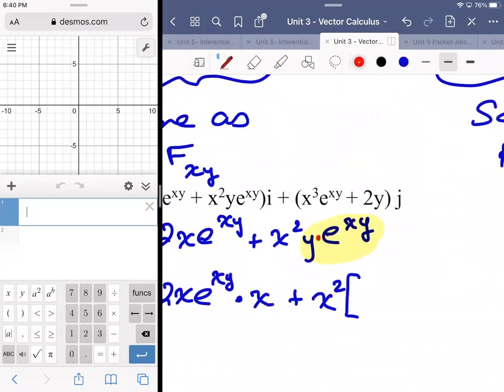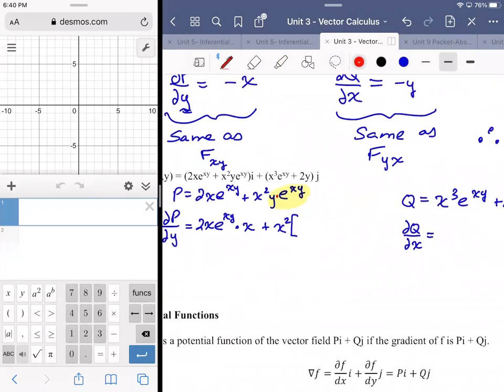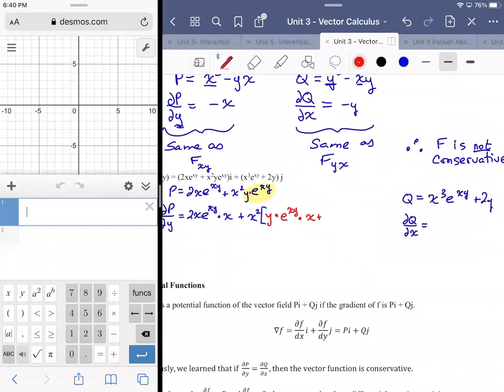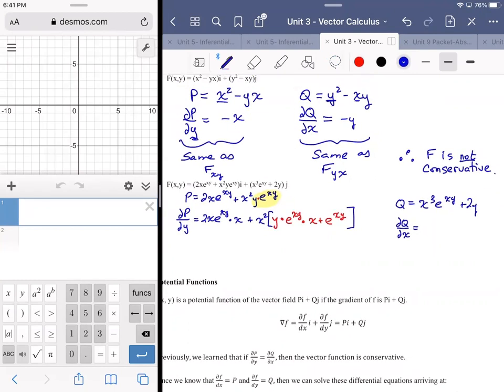Using the product rule, I'm going to be looking at the first function, y, times the derivative of the second, which is e to the xy times x with respect to y, plus the second function times the derivative of the first. All right, so e to the xy, derivative of the y would go to 1. All right, so I can clean that up a little bit.